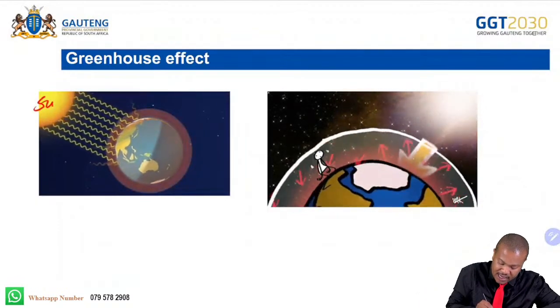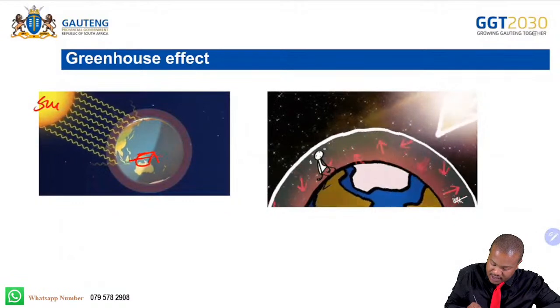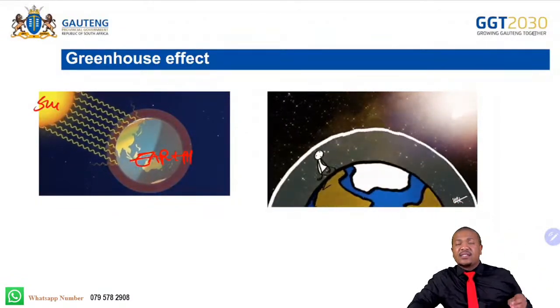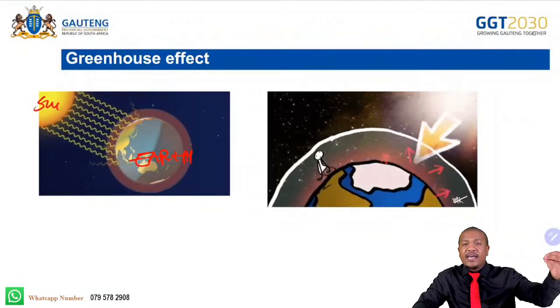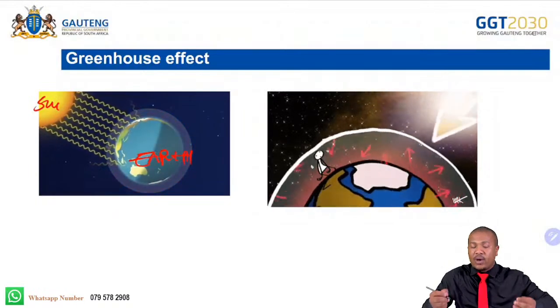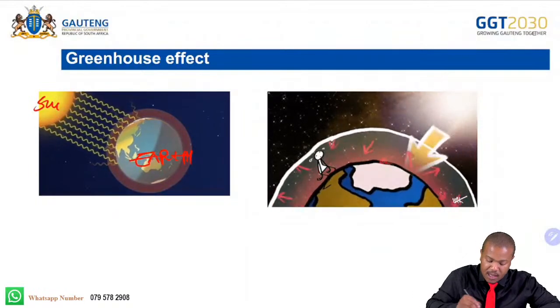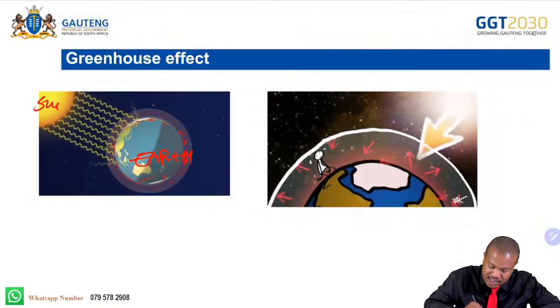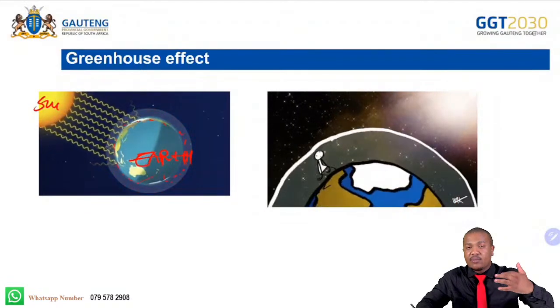Here we have the sun and we have what? Earth, right? As we said, the sun's radiation hits what? The Earth's atmosphere as well as the Earth's surface, right? Warming up the Earth's surface as the radiation is passing through the atmosphere.